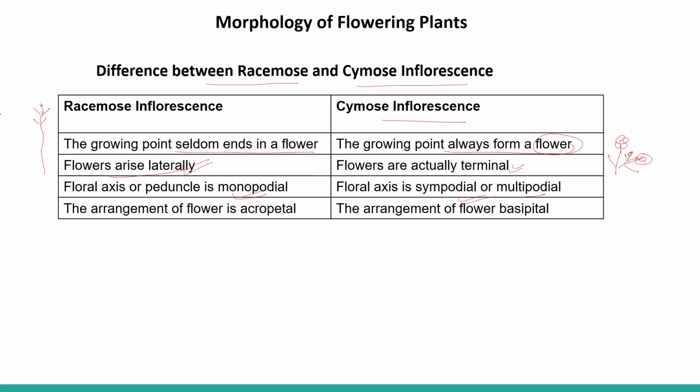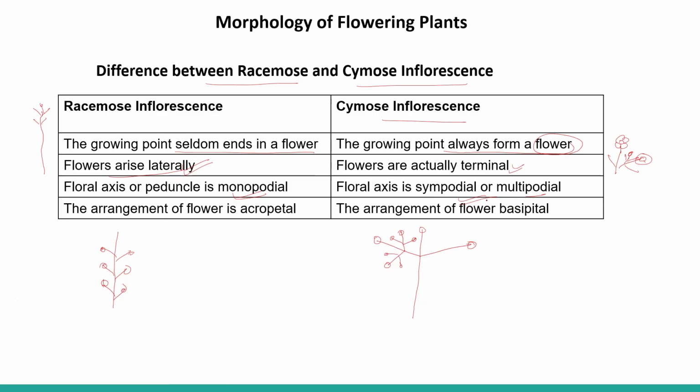So here we have one single axis, and on both sides lateral flowers are present like this. But in the case of cymose, it terminates and gives rise to another terminal flower, then it gave rise to another flower, and again another flower.